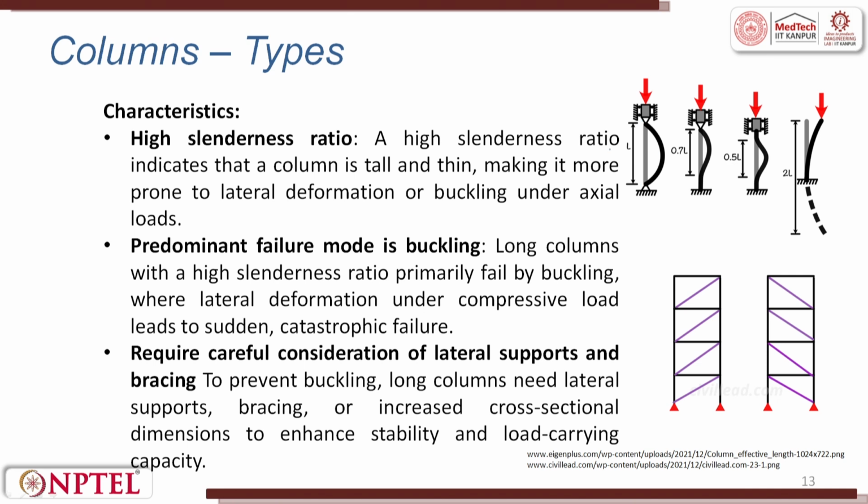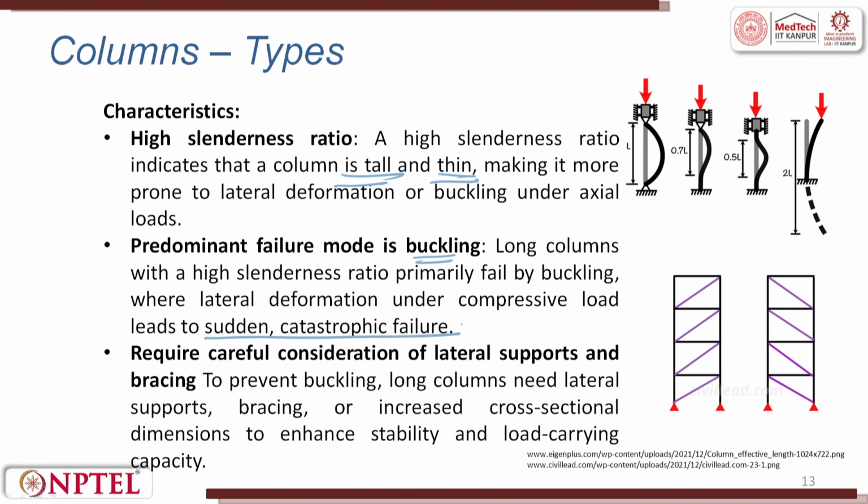So, a high slenderness ratio indicates that the column is tall and thin. The predominant failure mode is buckling. Long columns with high slenderness ratio primarily fail by buckling, where lateral deformation under compression load leads to sudden or catastrophic failure.